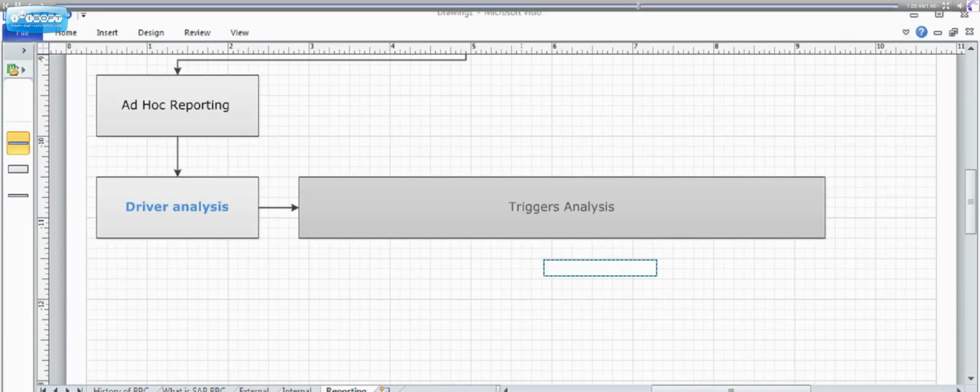So, to keep the bottom line, the main benefit driver analysis lends to your business is understanding the factors that you need to tweak to make things turn. What are the triggers or buttons that you need to push to get the required results? So it definitely helps in understanding those things.